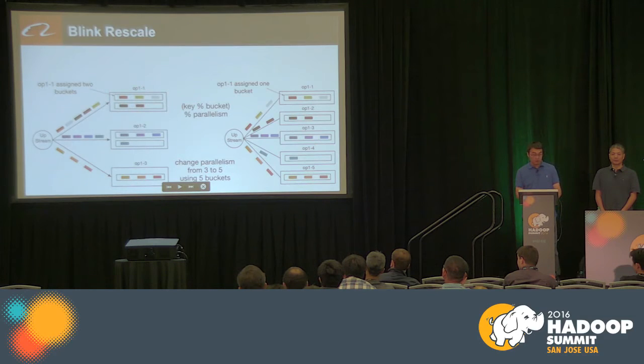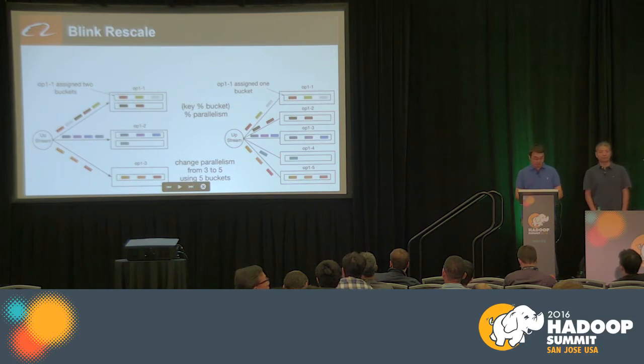Okay, I will show another. There is another critical issue about Flink: Flink cannot rescale its job graph after the first start. In other words, the user cannot change the operator parallelism after starting a job. So in order to solve this problem, Blink adds a new bucket layer between the key space and the operators.